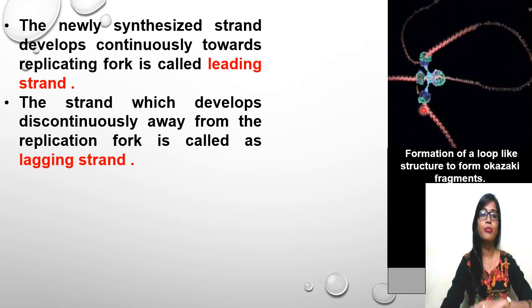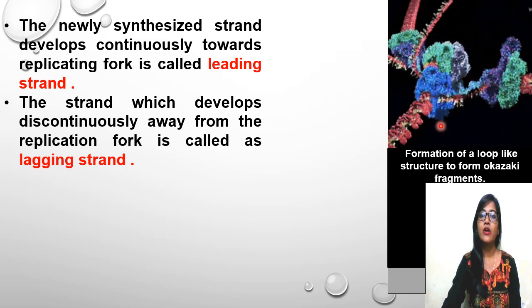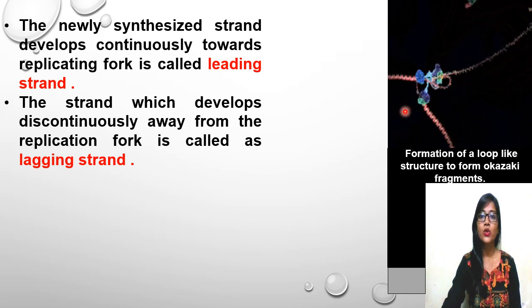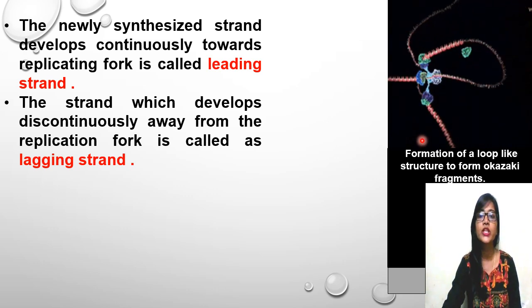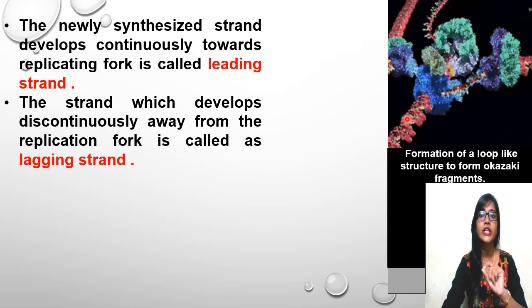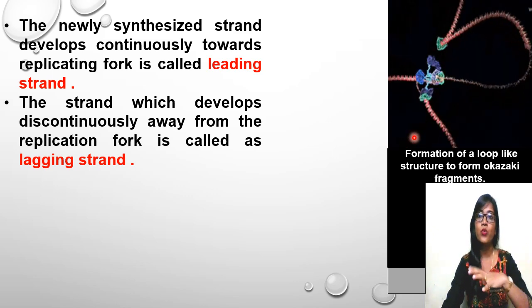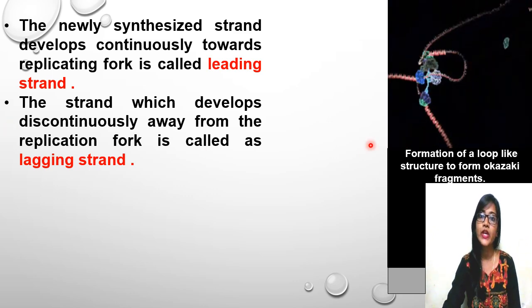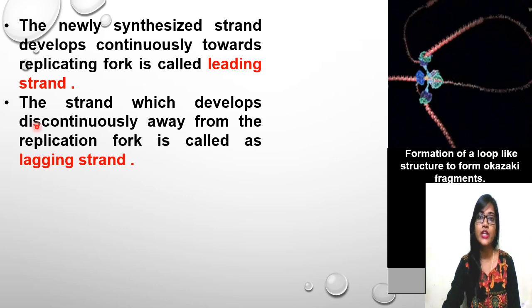So this is the beautiful animation which you can observe. I hope it is very clear how DNA replication occurs, what the leading and lagging strands are, and how it occurs inside our cell.